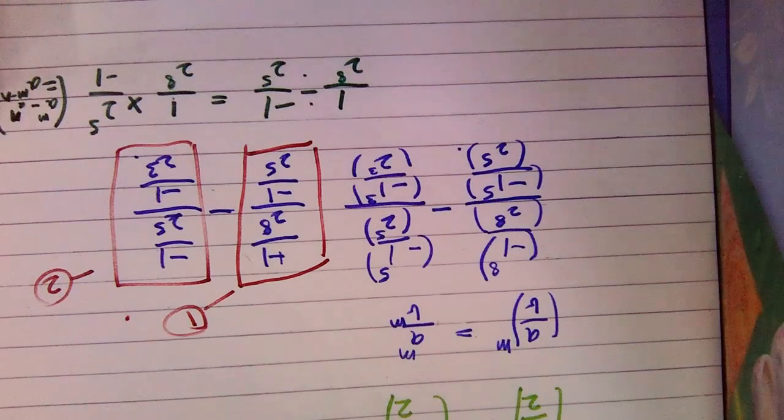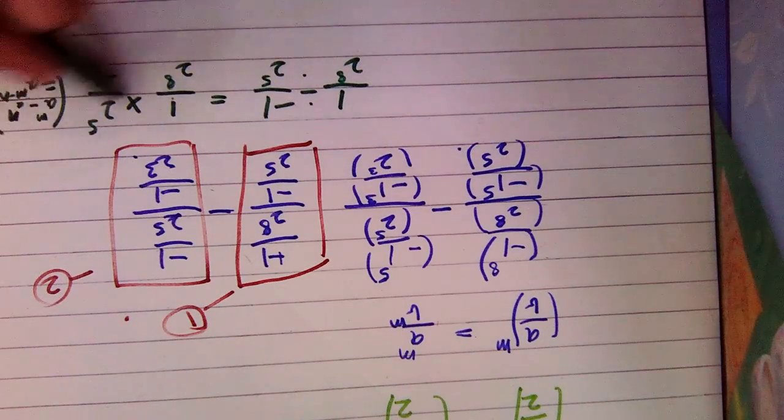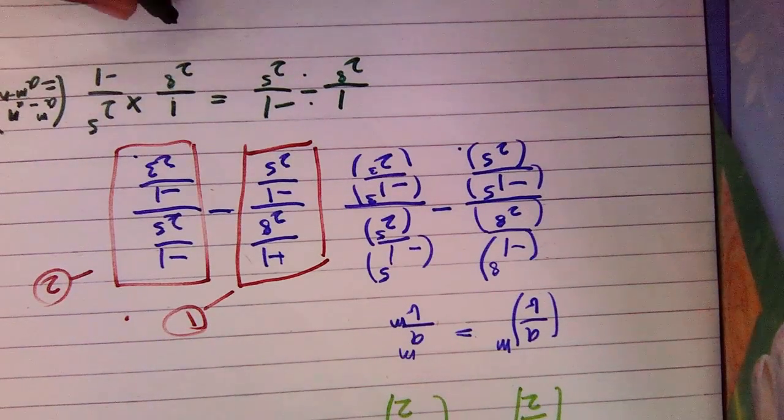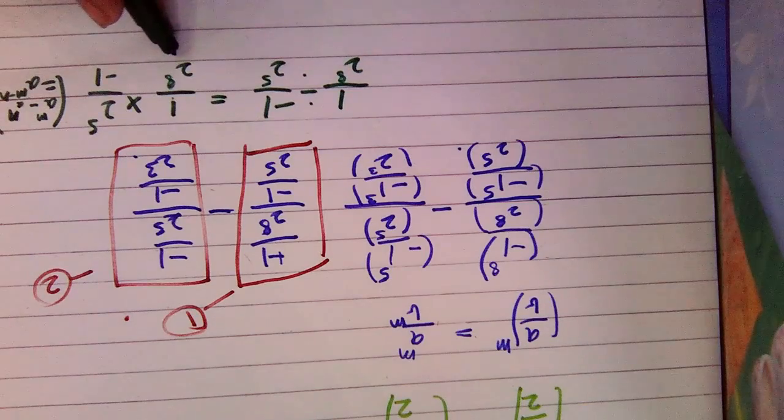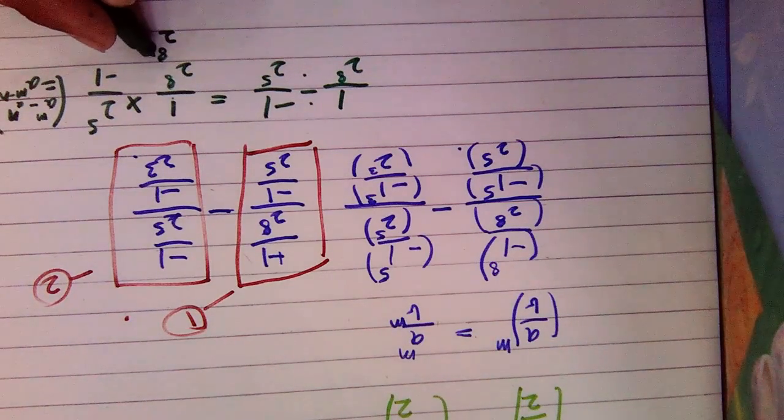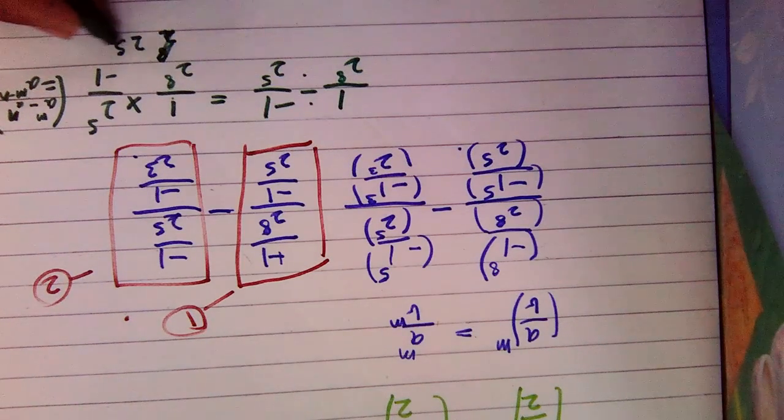This is the formula, where we can cancel out 2 to the power of 8 and 2 to the power of 5. So we get 2 to the power of 5 minus 8, which will be 2 to the power of minus 3.